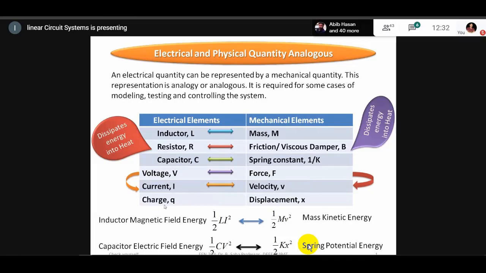So if you want to consider the x, here B is force, but in potential energy, x is the displacement. So you need to convert this part.